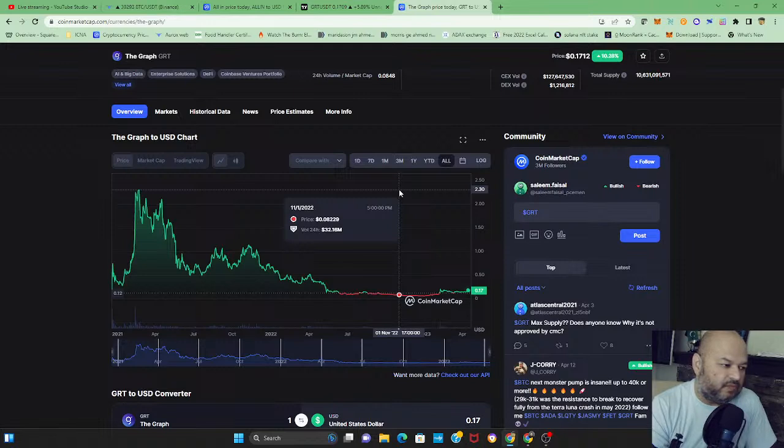So that's the question: would you just hold on for it to go down 2 cents and then buy it, or are you still interested in buying in at these levels at 17 cents, where the upside is so high that if it goes back to this all-time high, it's a huge potential of getting into a 20x trade.